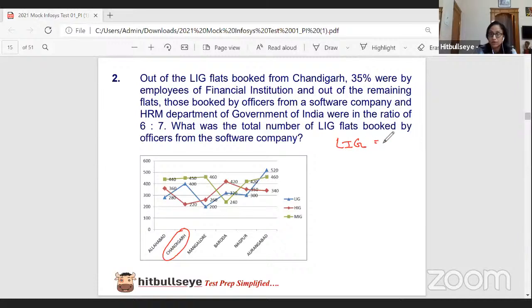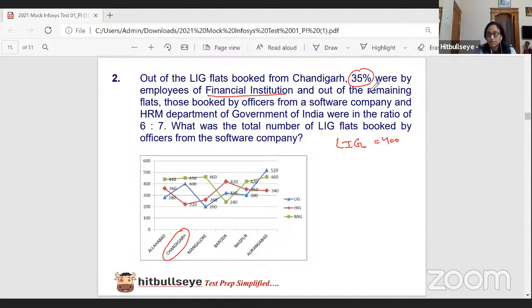It is 400. So we know we are talking about these 400 flats in totality, but something else is being mentioned here in percentage bifurcation of this. 35% of these are booked by financial institutions out of the remaining. Now, the moment you're reading a word like out of remaining, you should think in your mind, if 35% are covered under this category, what is remaining that is being now talked about?